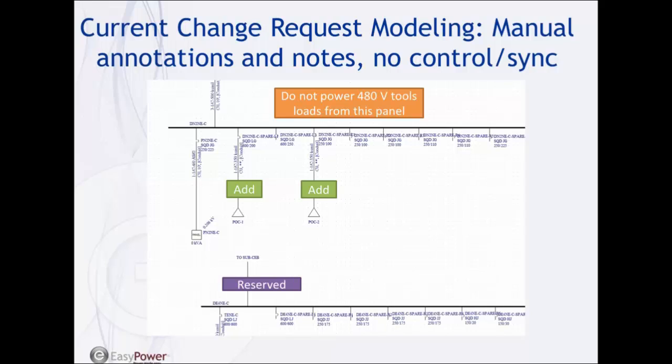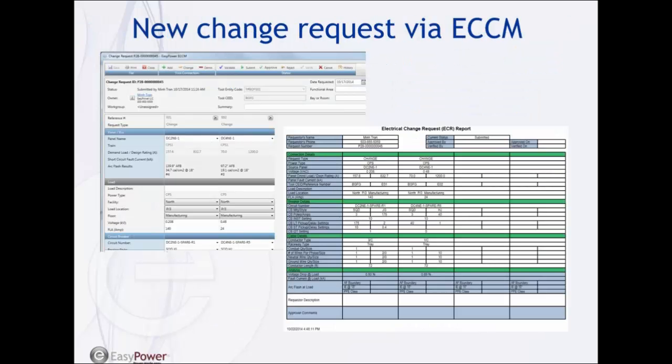So this is just feedback we've gotten from our customers. This leads to a lot of errors and takes up a lot of bandwidth in terms of worker effort to maintain and control this. So with ECCM, what we introduced is a full-featured change request system.